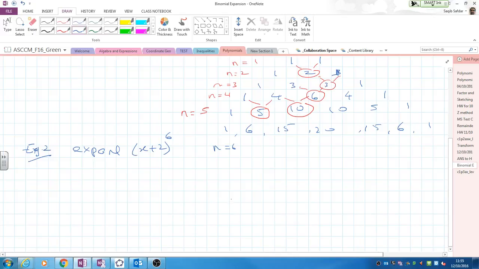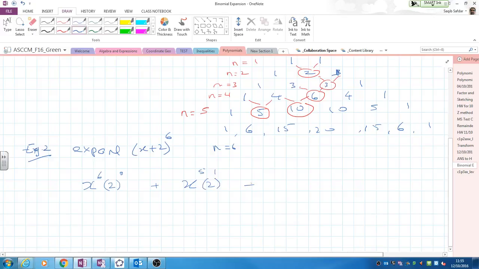What we're then going to do, please listen very carefully, I can see I've got two terms, x and 2. I'm going to start off with x to the power 6 and 2 to the power of 0. Plus, and then I'm going to start decreasing the powers, so x to the power 5, 2 to the power 1, and increasing the power of the other term.